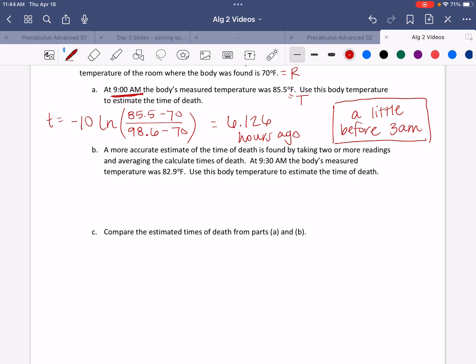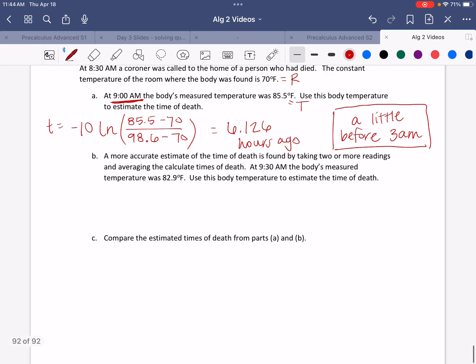We may not do our exact average here, but we'll see what we come up with. Again, the whole point of this question, when you're wondering what you would be asked to do: I'm not going to give you this exact formula on a test. I'm just going to give you a formula, and you're going to have to decide how to use the formula, where to plug numbers in, and then how to use your calculator to help you solve.